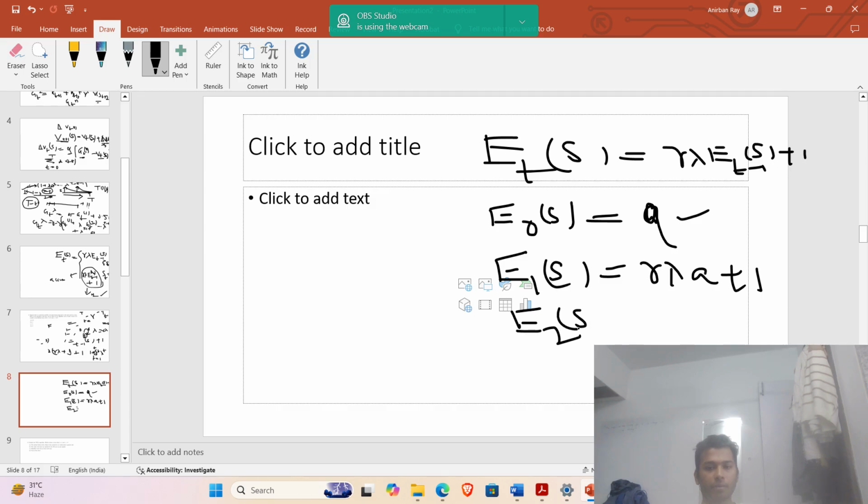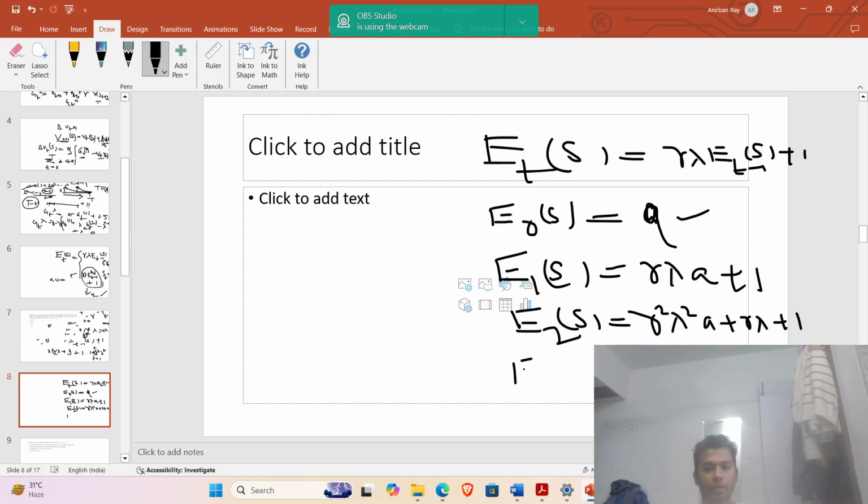E2(s) becomes gamma square lambda square A plus gamma lambda plus 1. This is what it becomes.